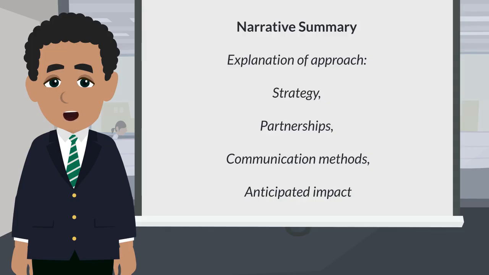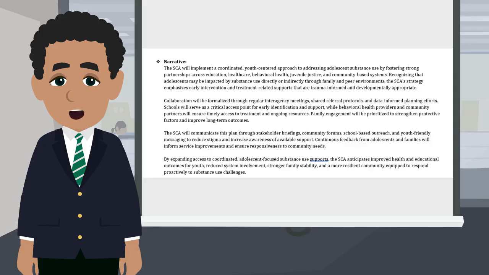The narrative provides a comprehensive explanation of the approach and should clearly articulate the strategy, partnerships, communication methods, and anticipated impact. Examples of the narrative include a description of how the SCA will implement a coordinated, youth-centered approach to addressing adolescent substance use, an explanation of how partnerships across education, healthcare, behavioral health, juvenile justice, and community-based systems will be fostered and maintained.